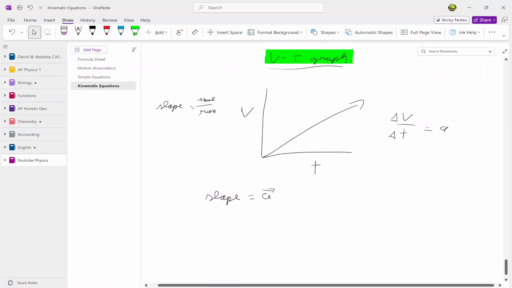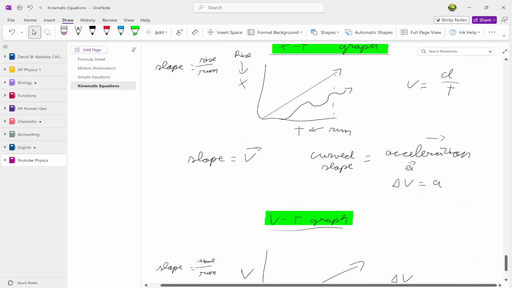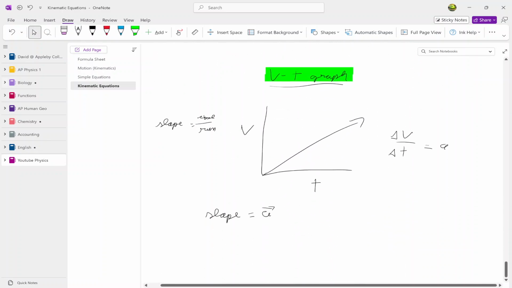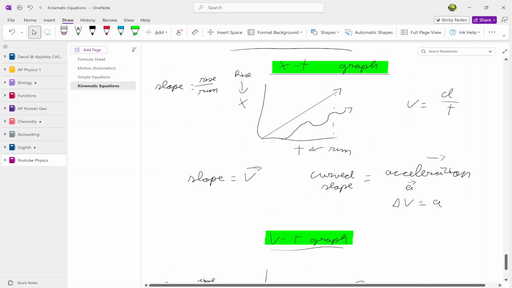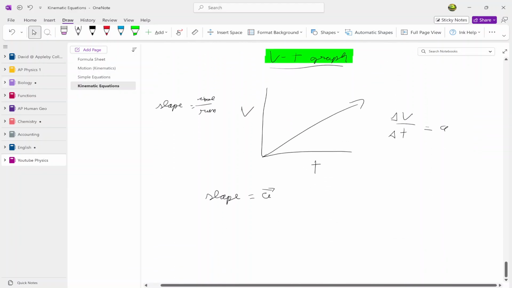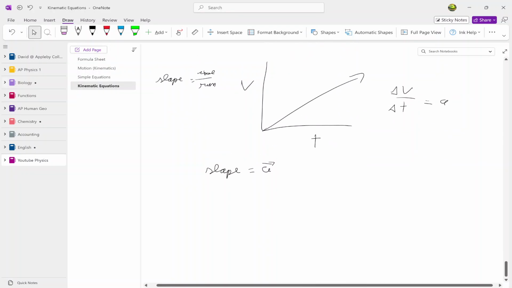But then also, you can always try finding the area of a graph. For example, in the first one, they don't give us anything because that would be displacement times time, so that one is kind of useless to us. But in this case, we have velocity times time.